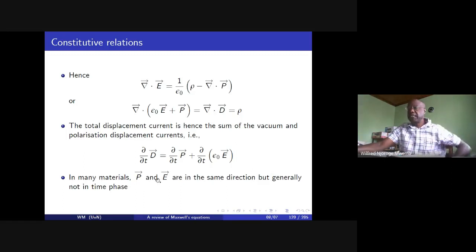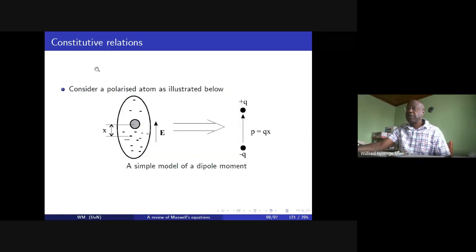So in many materials, P and E are in the same direction, but will generally be out of phase in time. That is, they could be parallel in space, but they are out of phase time-wise. And therefore, we consider an atom that is polarized as shown.